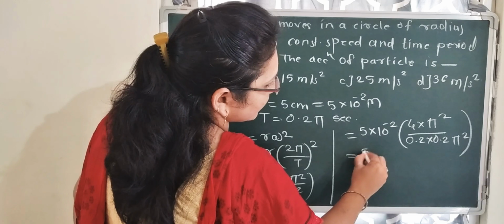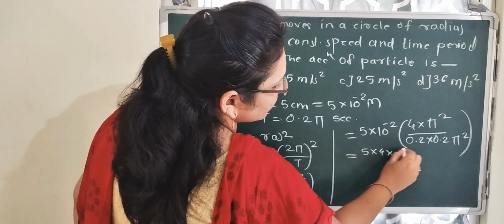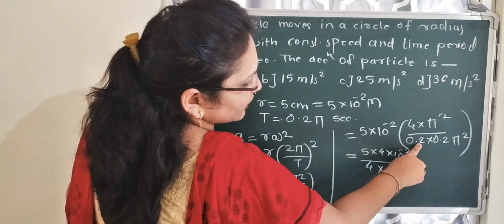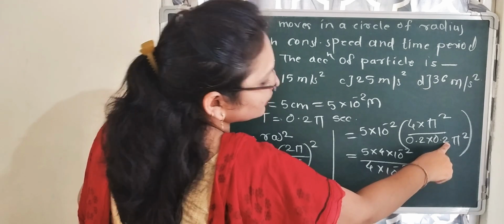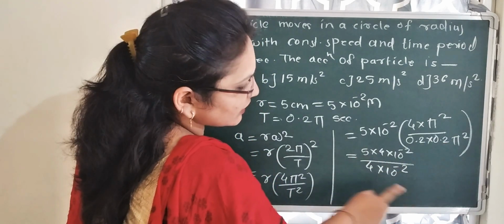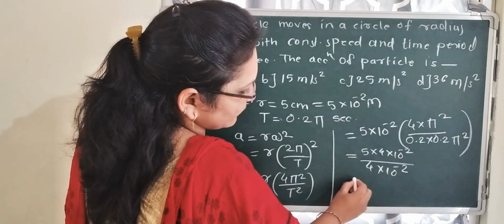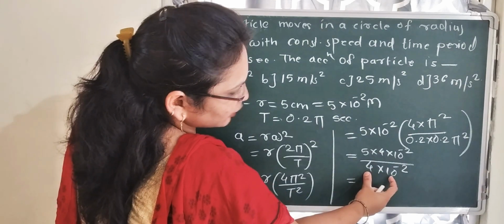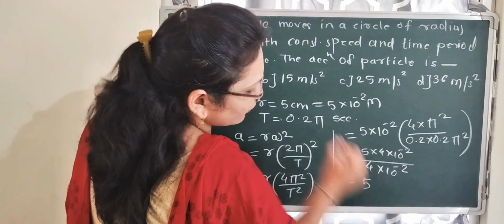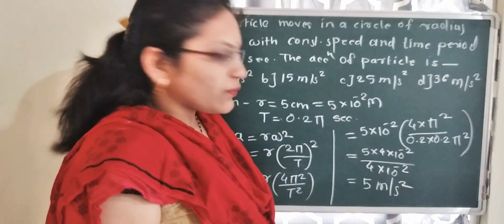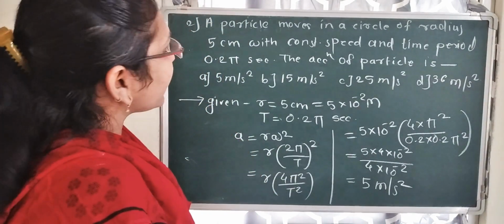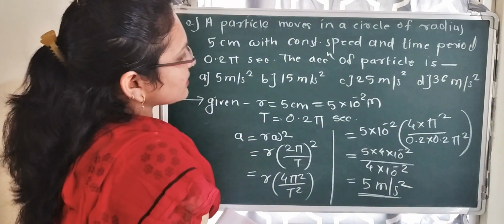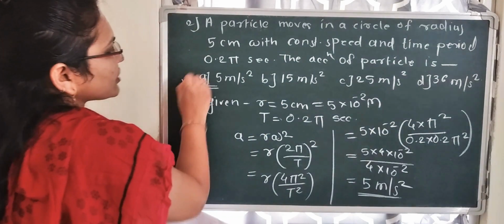Then here 5 into 4 into 10 raised to minus 2 divided by 0.2 into 0.2, which gives 0.04, which is 4 into 10 raised to minus 2. Here 4 into 10 raised to minus 2 gets cancelled from numerator and denominator, then we get the value 5. So the answer is 5 meter per second square. We were asked the acceleration of the particle and our answer is 5 meter per second square. So the correct option is option A.